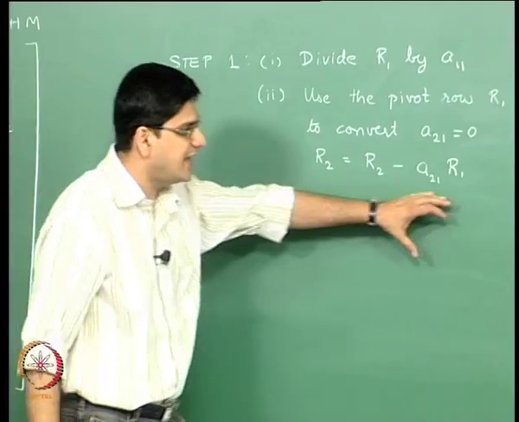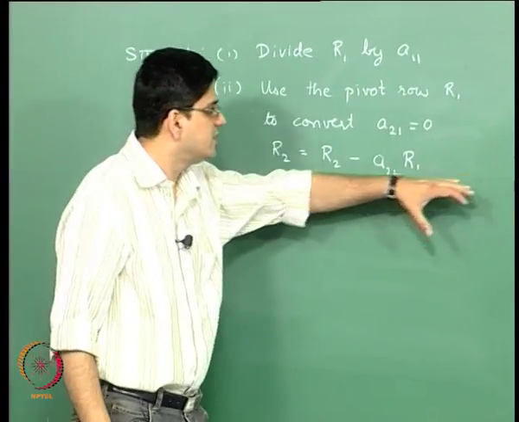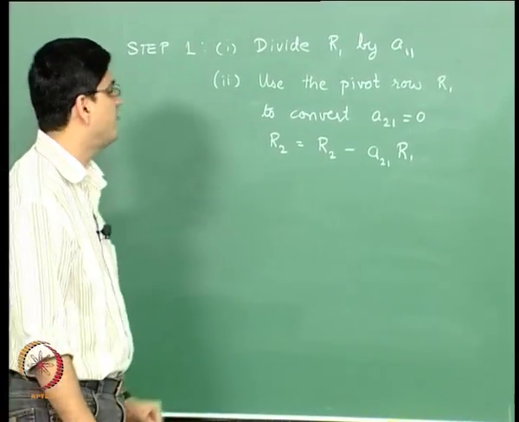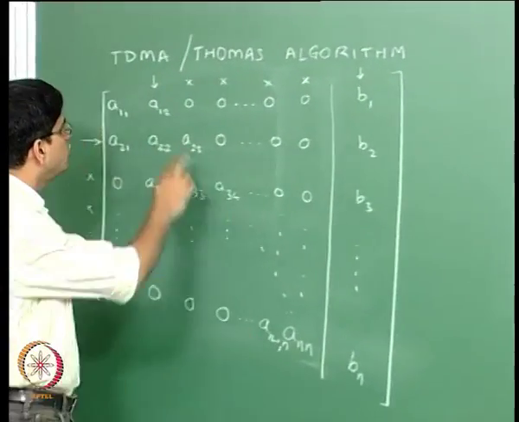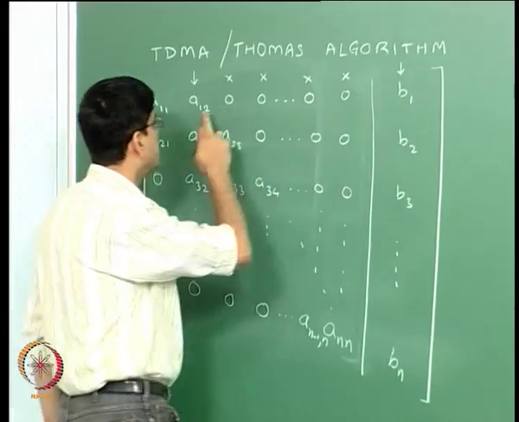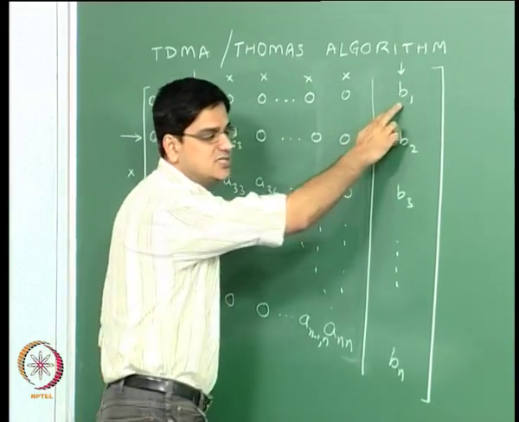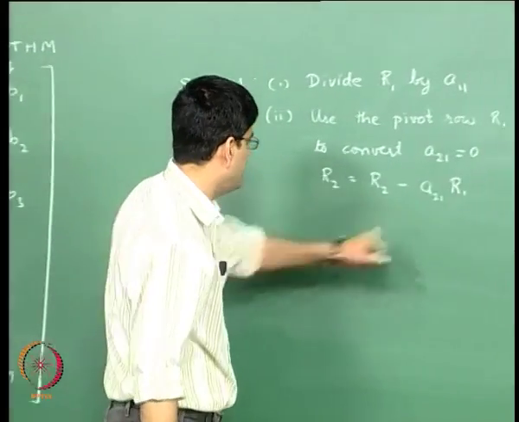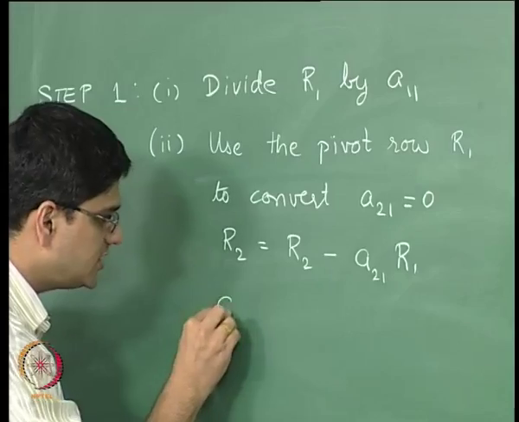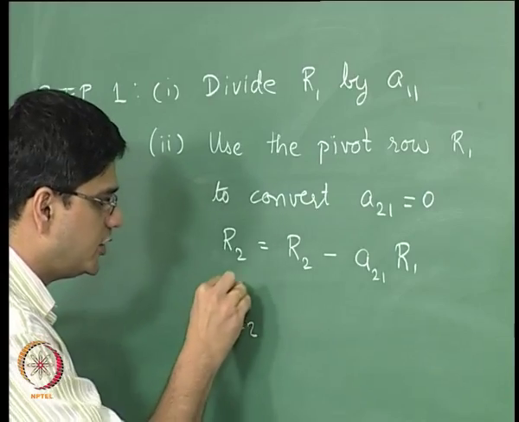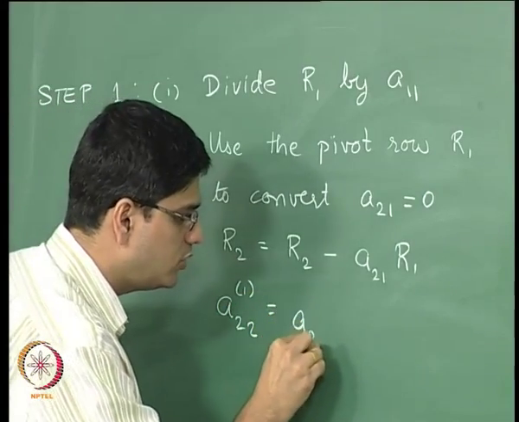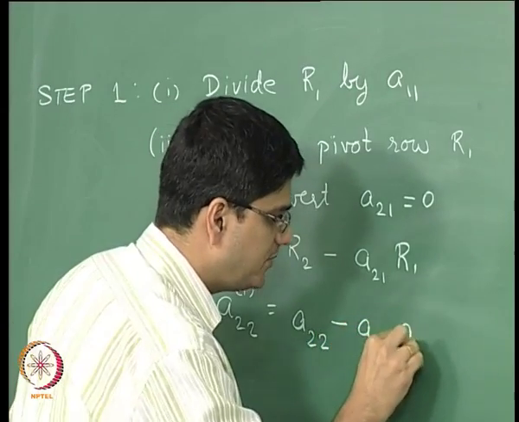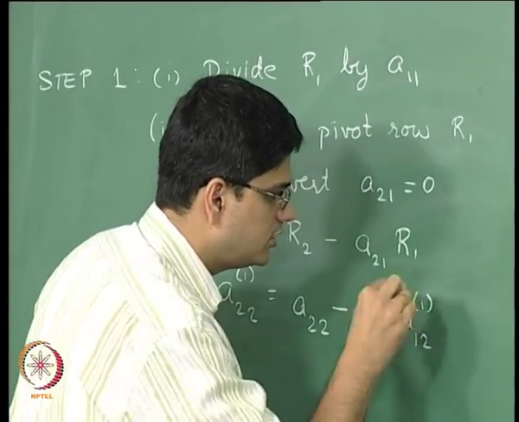Okay. And unlike Gauss elimination, there are not going to be n steps in this, there are only going to be 2 steps. Why are there 2 steps? Because only 2 elements are non-zero, A12 and B1, these are the only non-zero elements. Because of this, A22 new is going to be equal to A22 old minus A21 multiplied by A12 new.